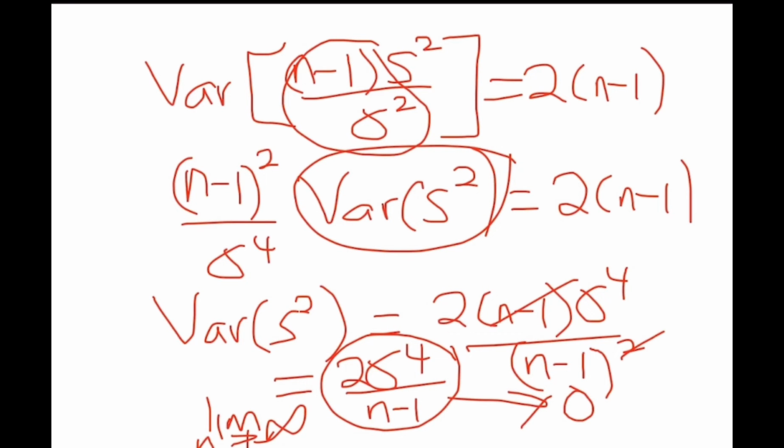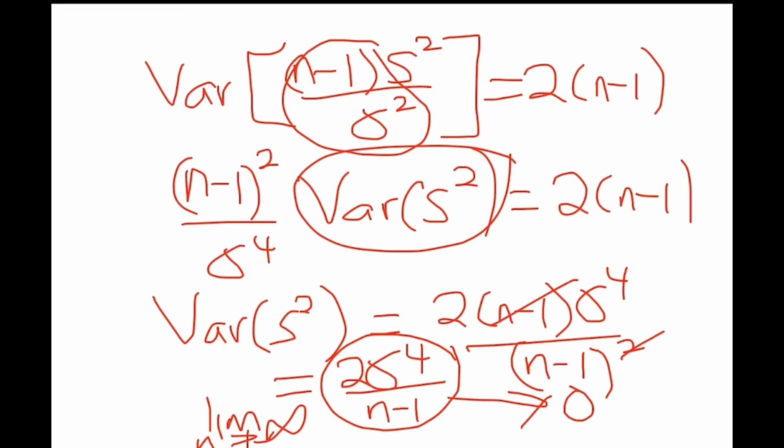So the implication, the takeaway: since the variance of the sample variance, as an estimator, converges to zero, the conclusion is that the sample variance is consistent.